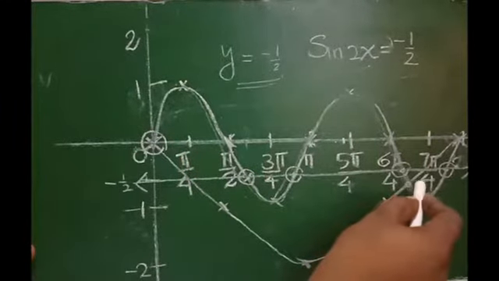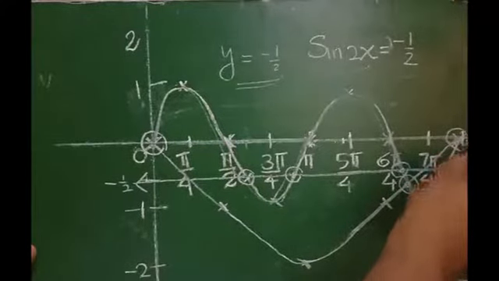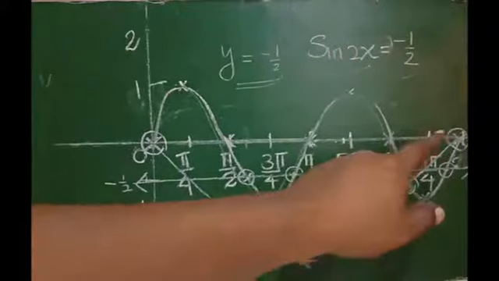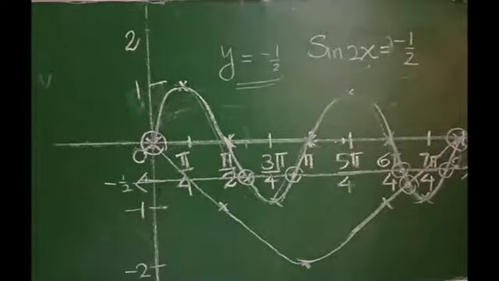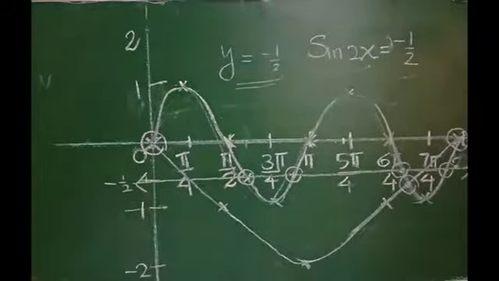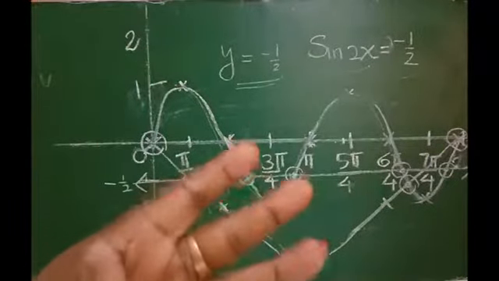This is the second point. And this is the third point. So there are 3 points where these both graphs meet each other from 0 to 2 pi. So the number of solutions for that particular question is 3. We don't want solutions, we want the number of solutions. So the number of solutions for this particular question is 3.